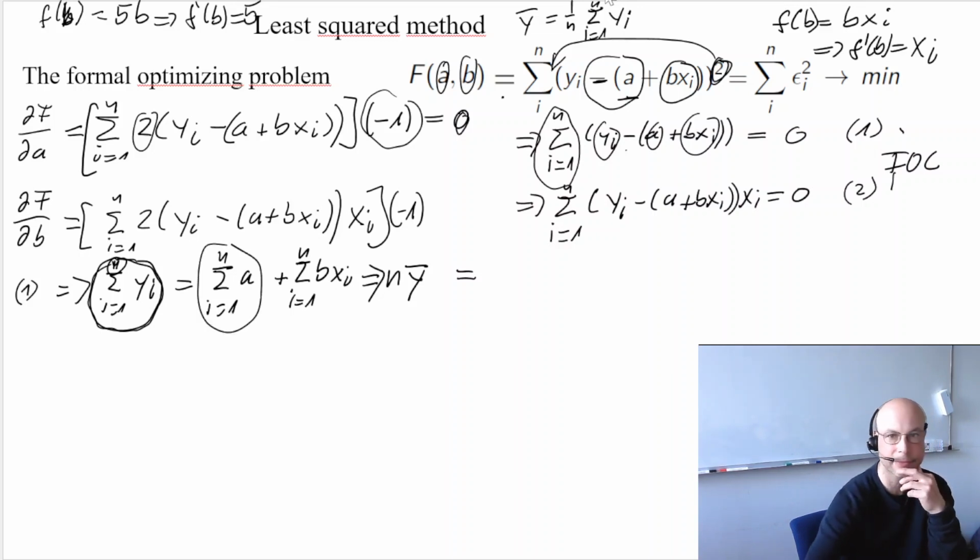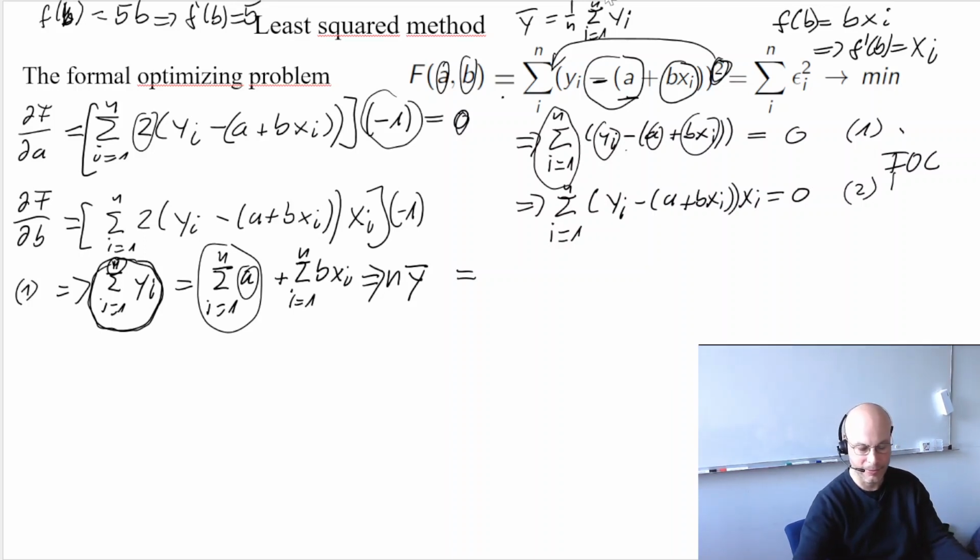what is this? Observe, a is a fixed number, maybe 5. This I think we had in the beginning of our lecture.